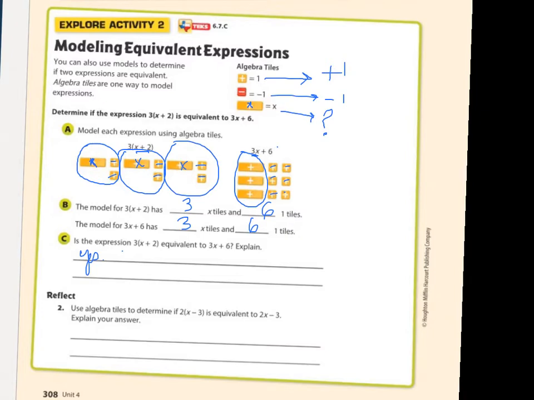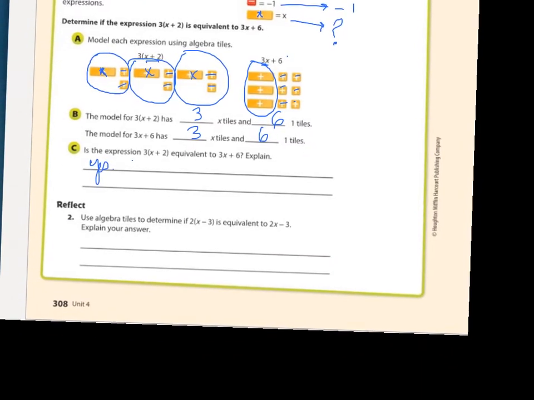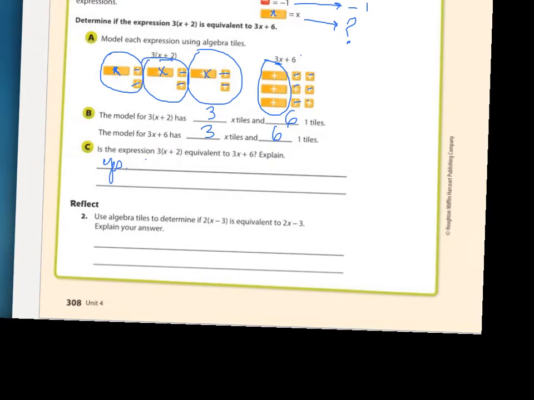I'm not going to write that out. Use algebra tiles to determine if 2 times x minus 3 is equal to 2x minus 3. I'm going to make 2 groups of x minus 3. So there's x, and these were the little minus signs. Remember, you're just watching. I needed 2 groups of those, so here's another one.